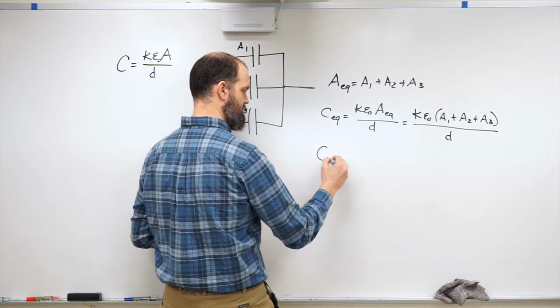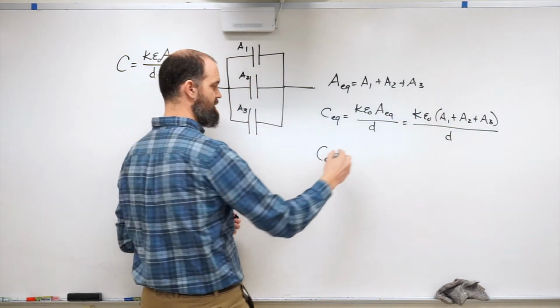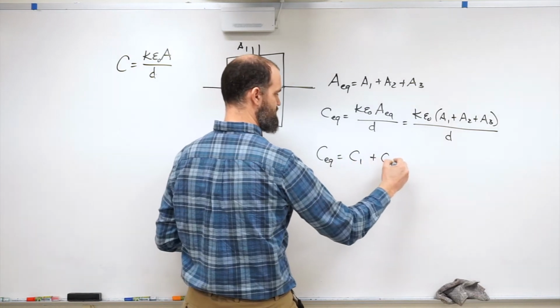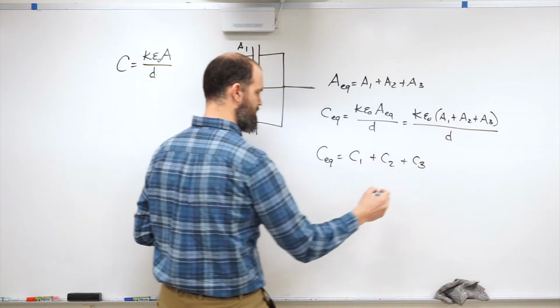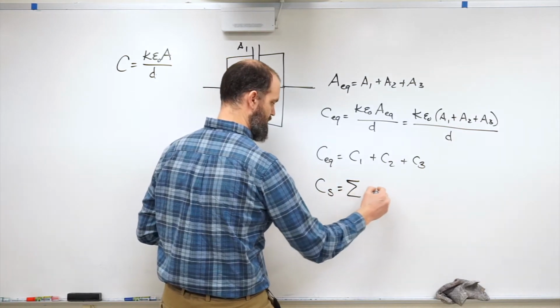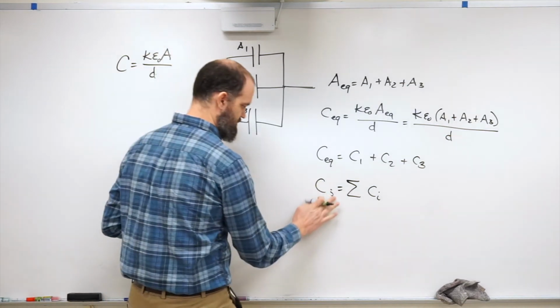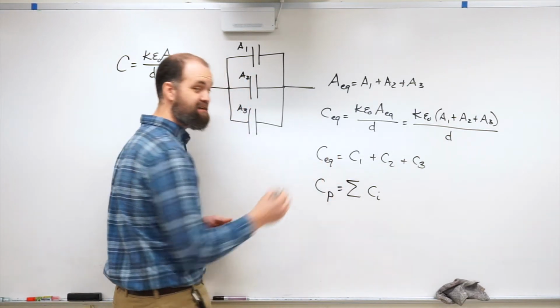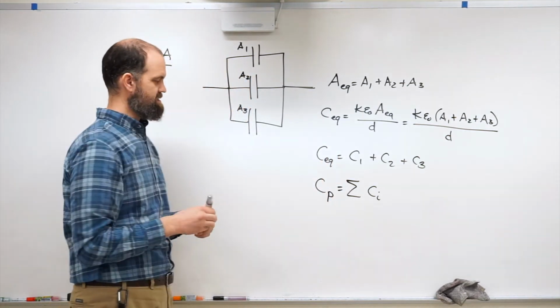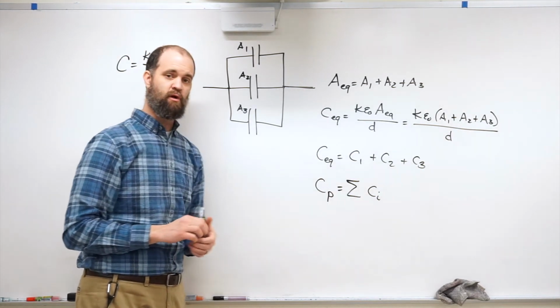And if we distribute out that kappa epsilon naught over the distance, that is equal to C1 plus C2 plus C3. And so our capacitance is equal to the sum of our individual capacitors. Sorry, this is not series, this is parallel. So the parallel capacitance is equal to the sum of our individual capacitors.